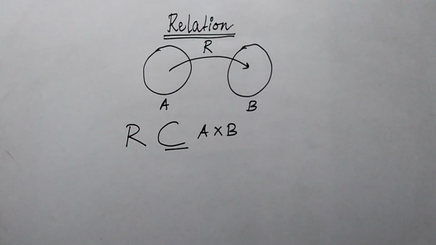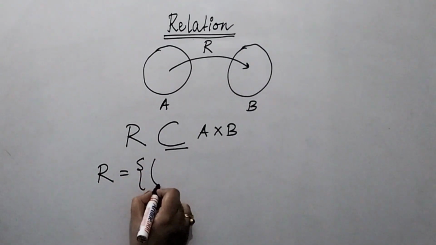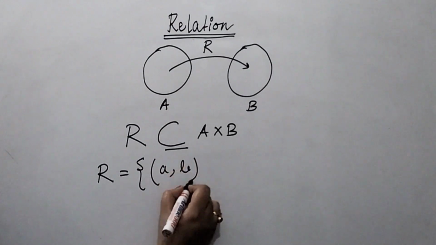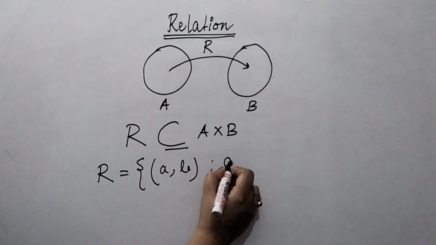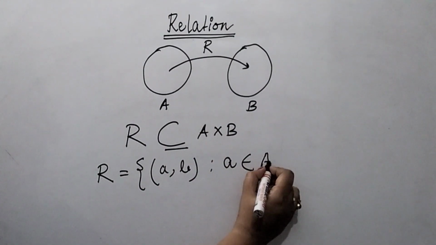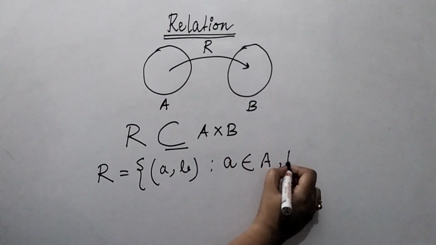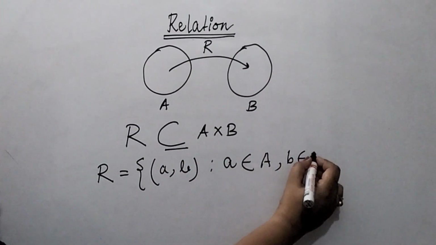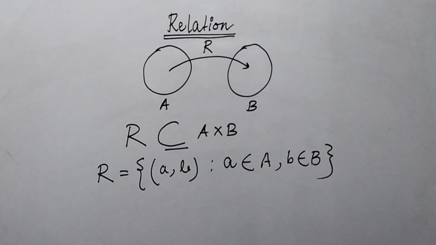So what will be the structure of R? R will contain the elements which are of the form of ordered pairs such that the first element will belong to the set A, that means here small a belongs to the set A, and the second element will belong to the set B. So this is relation.